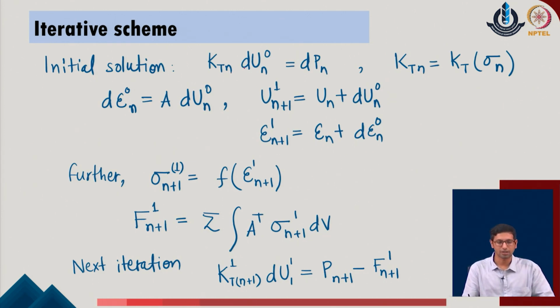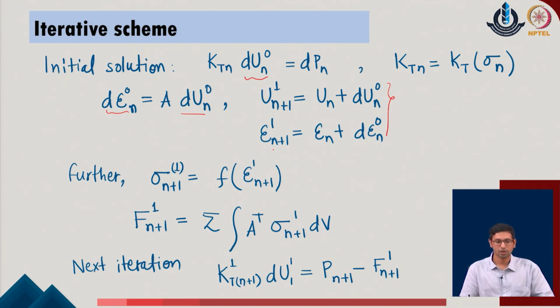that we define the initial solution. Based upon the initial solution of the given system, we come up with the evaluation of the strain increment in the given system, which are defined in terms of the nodal displacement increments of the given nodes, and based upon that we obtain the first change or the first increment value in the given system.